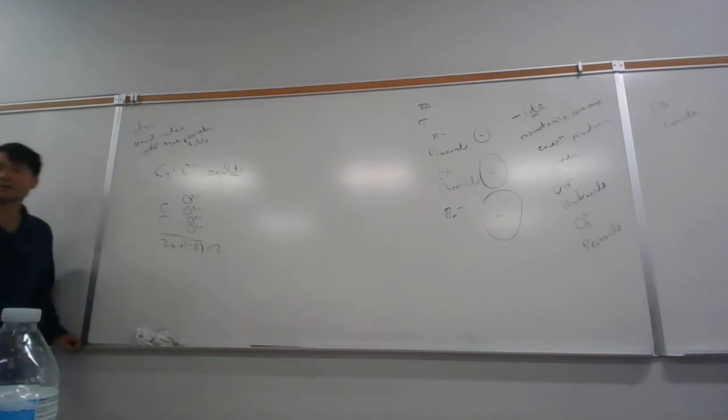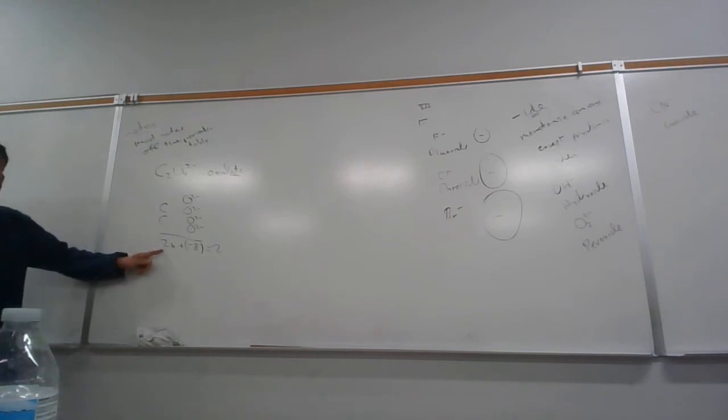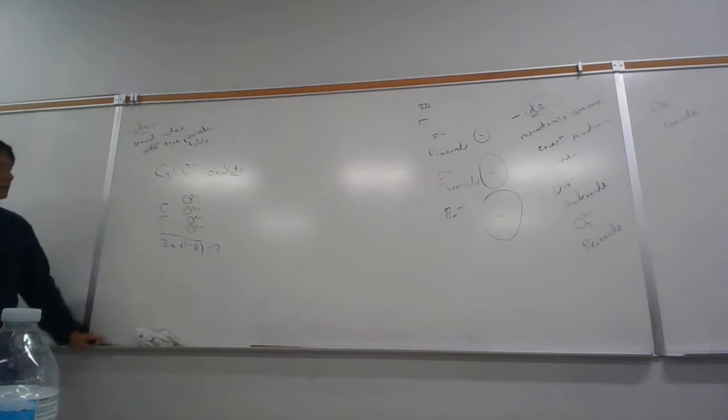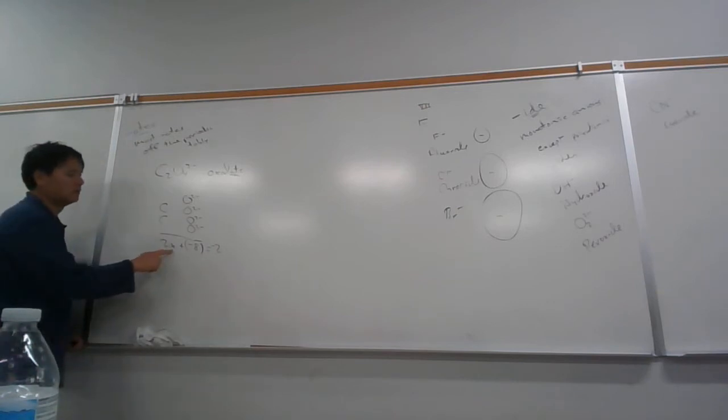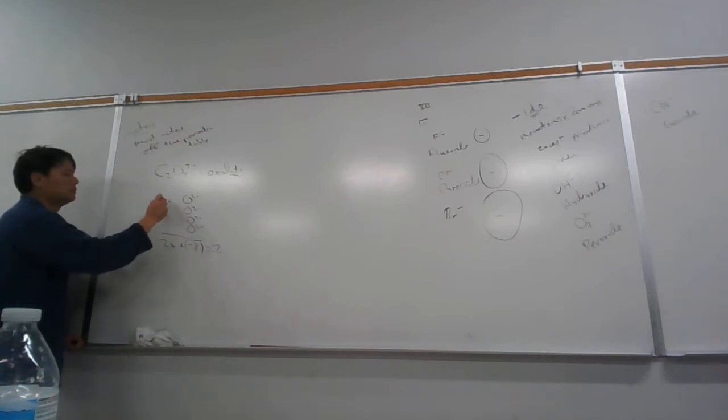So what is X? 3. 2 times 3 is 6, -8 gives us -2. So both of these are 3.